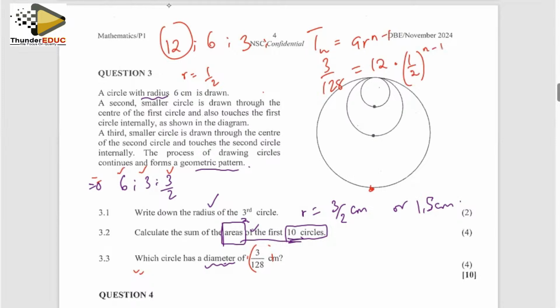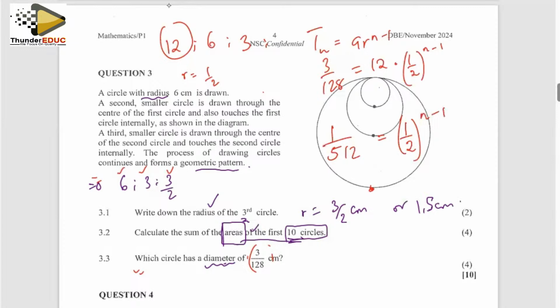We can divide both sides by 12. So 3 over 128, I'm dividing it by 12. That gives me 1 over 512 is 1 over 2 to the exponent of n minus 1.